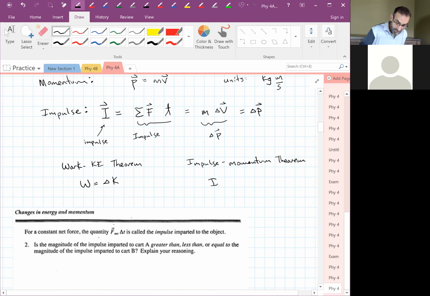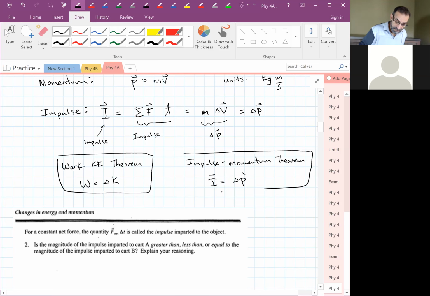And that is that the impulse is equal to the change in momentum. And they are very similar. Oftentimes you can use one or the other one to get to the same result. We'll go through some examples.